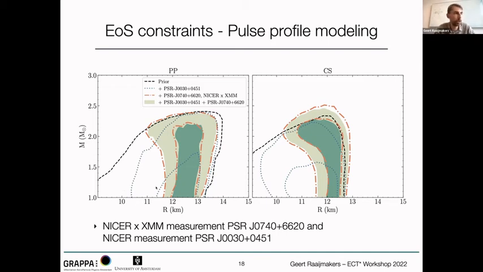You can see that J0030, because it was such a vanilla mass neutron star, wasn't too constraining on the equation of state, whereas the constraints from J0740 are much more constraining, but again, this is due in large part to the very high mass of this particular system. And then in green, this is the combined analysis, and you see that it's quite close to just including J0740.